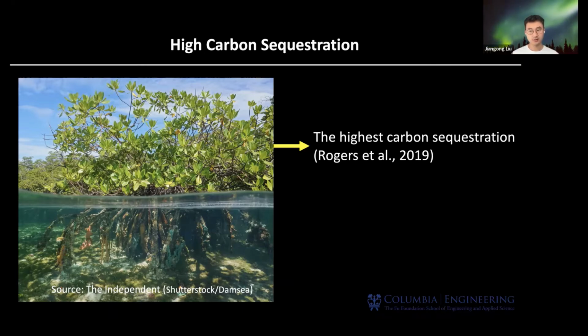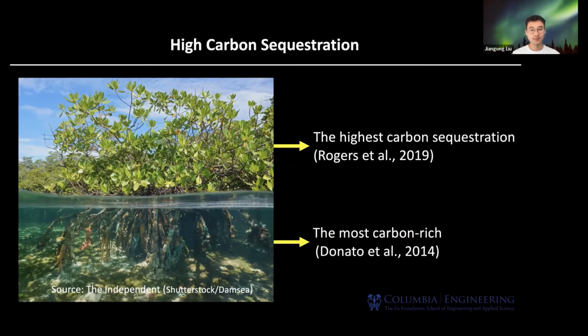Also, because those coastal wetlands are inundated for a long time, under these anaerobic conditions the carbon loss rate is quite low, so the carbon can be secured in the soil or biomass for a long time. This makes mangroves, together with other coastal wetlands, the most carbon-rich ecosystems.